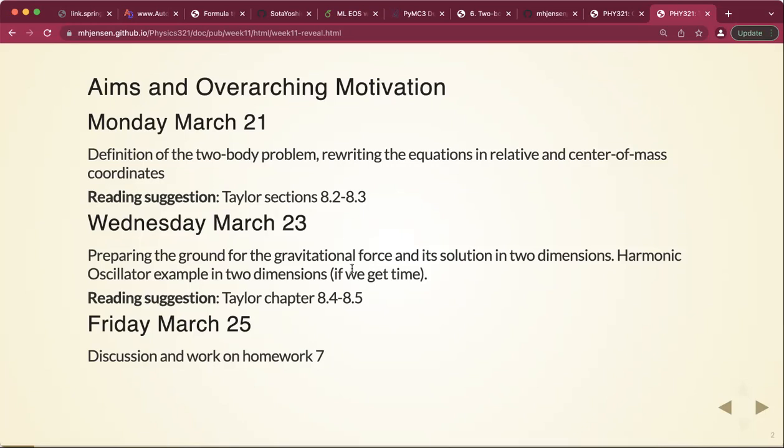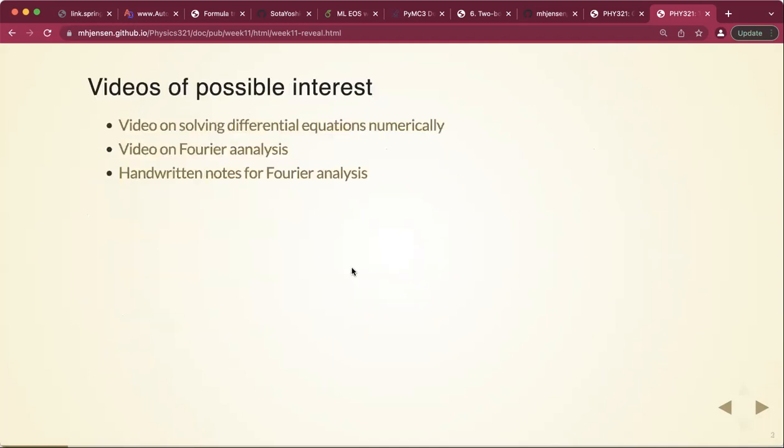Now, there's another thing which I promised: we went through some of the basics of solving differential equations with methods like these Runge-Kutta methods. This is something which we will not spend so much time on during the lectures, but you will find a video on that.